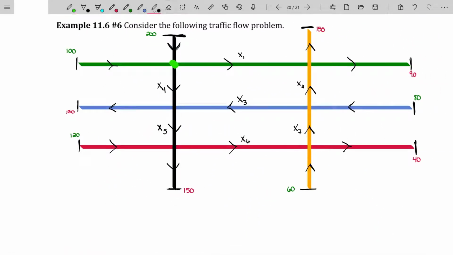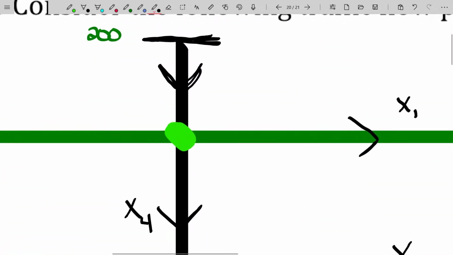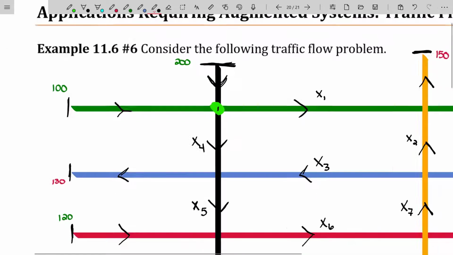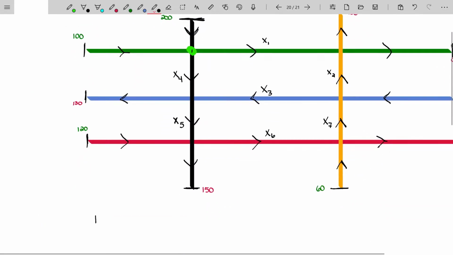In that first intersection, I'll call that intersection 1, we had 100 cars coming in from the west, plus 200 cars coming in from the north, and that should be the same as the number of cars exiting to the east, plus the number of cars exiting to the south. That should make sense.